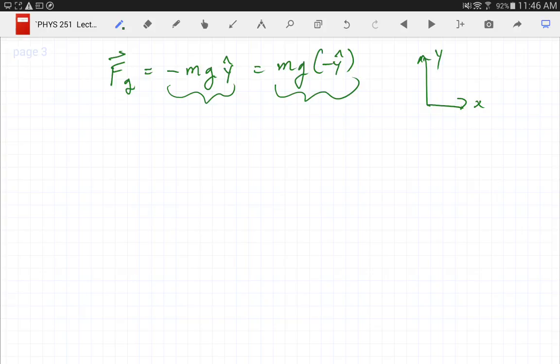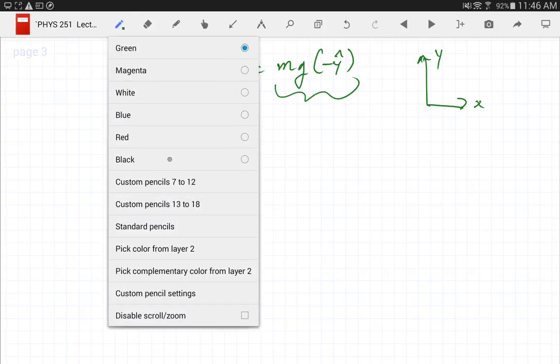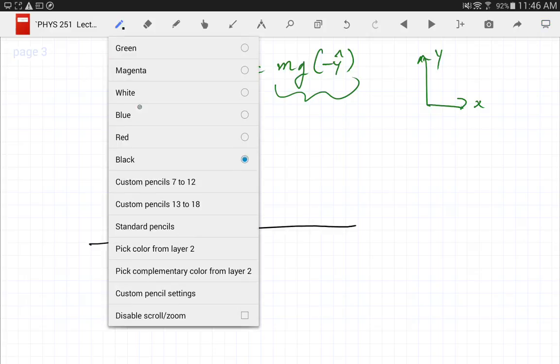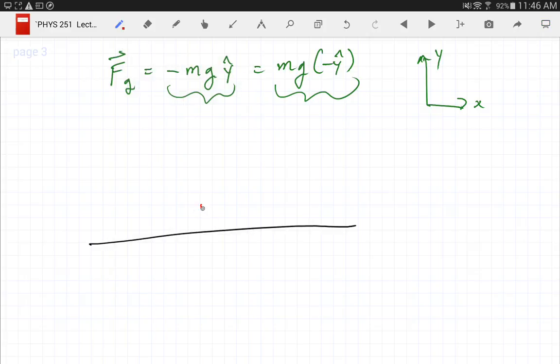Okay, so now we're going to have a situation where I have something like, here's the Earth, and on the Earth I have a red box, and the red box is raised from some y0 equals 0 to some y final equals height h. And I'm going to calculate the work done by gravity on it. So if I'm going to calculate the work done by gravity, what is my starting equation?